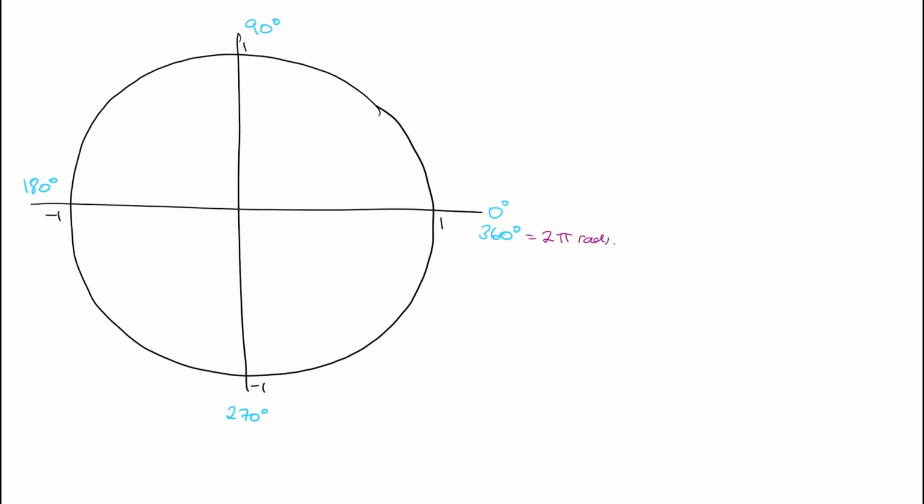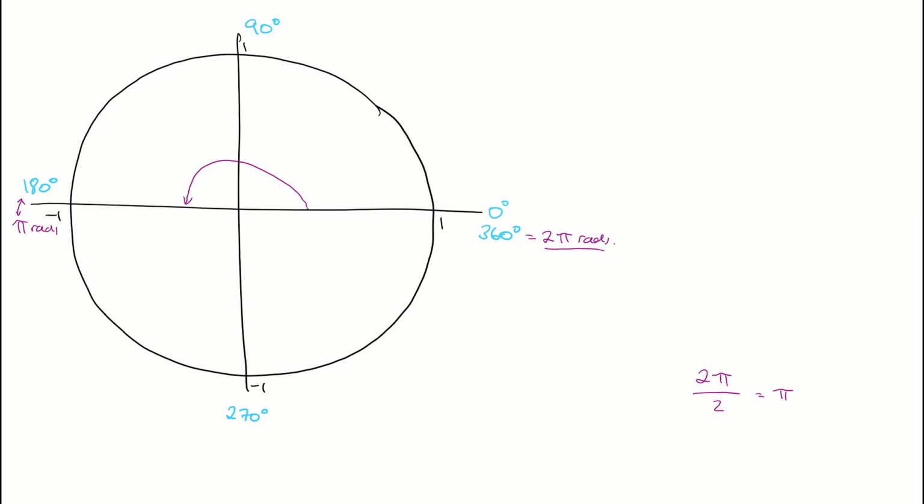So if I was only to go halfway around, so instead of going the full lap, what if I only went here? Well, I would only have half of this much which I've travelled, so I've gone 2 pi divided by 2, which is just pi. So I've only gone 1 pi, so this would be pi radians. So 180 degrees and pi radians, they're actually the same.